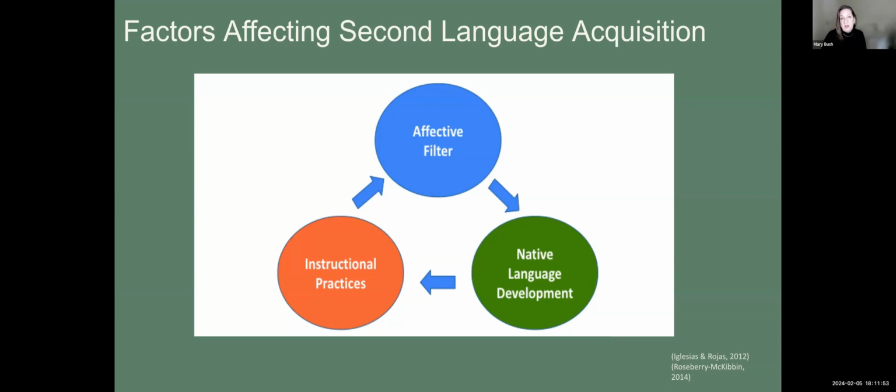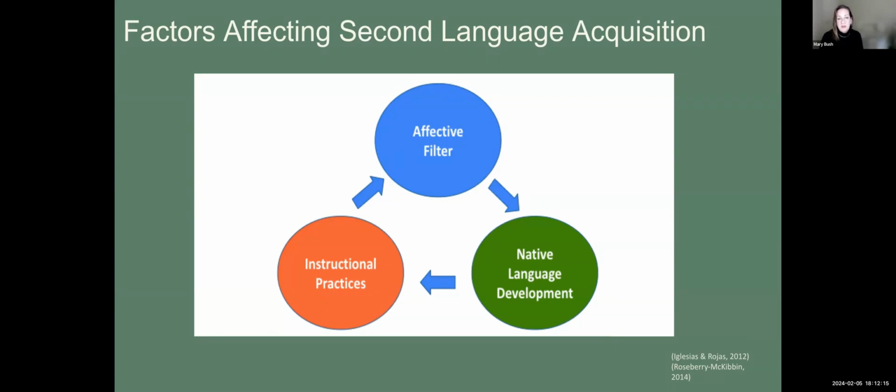I know they can speak and communicate in their primary language, but are they literate? Can they read and write? What's their academic language in their native language? Because that's important to know. The higher level language that they have in their native language, the easier it's going to be for them to transfer to the second language.